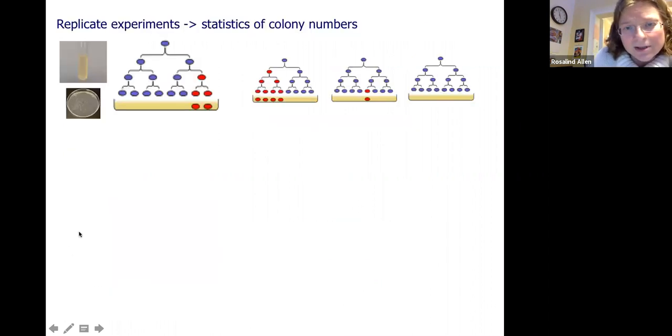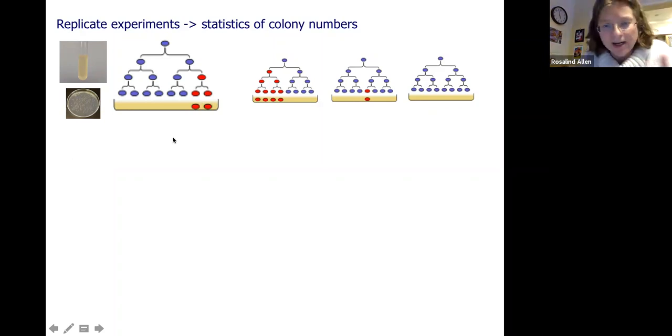Why is this important? Well, it's important because from the Luria-Delbrück fluctuation test, you can extract an estimate of the mutation rate. So what's done here is that you actually repeat this experiment many times, and you get the statistics of the number of colonies that grow on the plate, so the number of resistant mutants in the population.